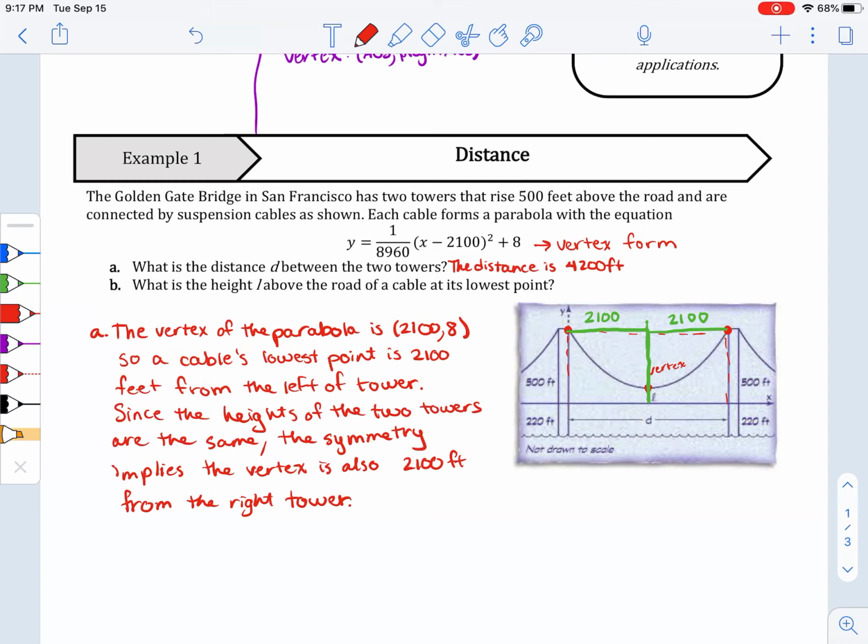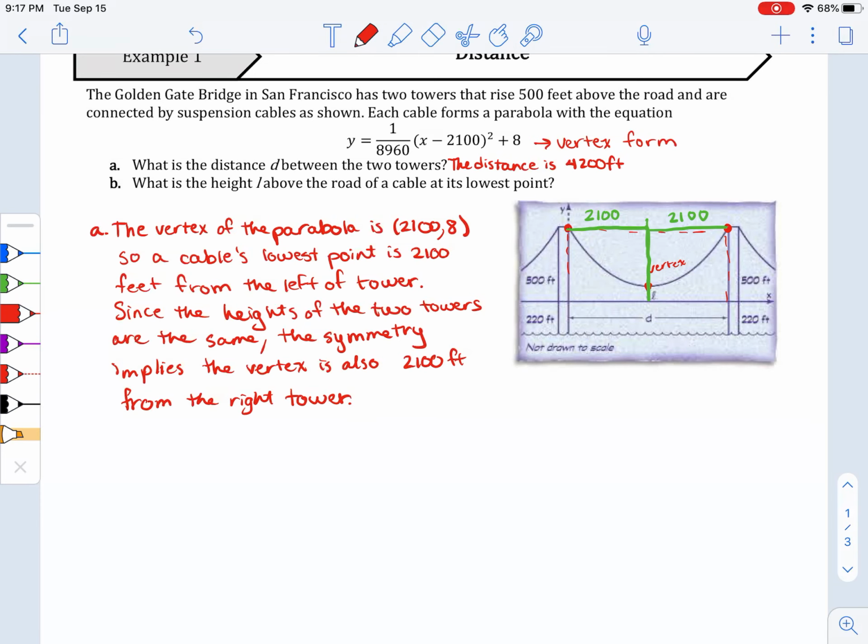We also want to know the height above the road at the lowest point, and this comes directly from our vertex, right? So our vertex was at 2,100 comma 8. If our x is that horizontal distance for our axis of symmetry, then our y is going to be our vertical distance.